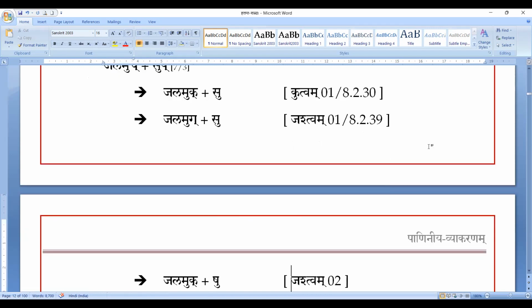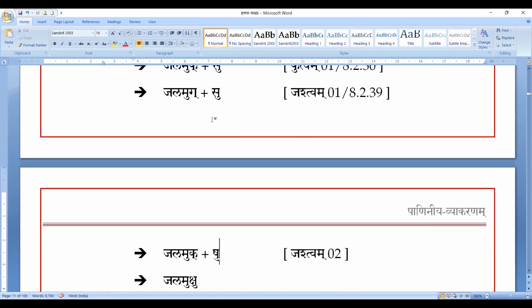Okay, now 8-2-13. It cannot apply Jashtva vidhi number 2. Why? Because the following letter must be a jash letter. It is not. It is a what letter? It's a khar letter. By mistake I have written here.